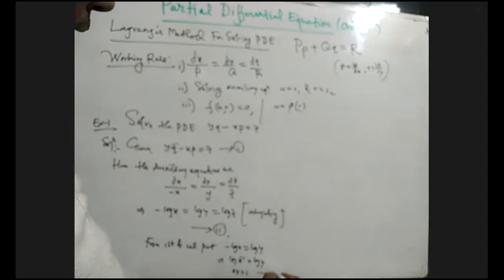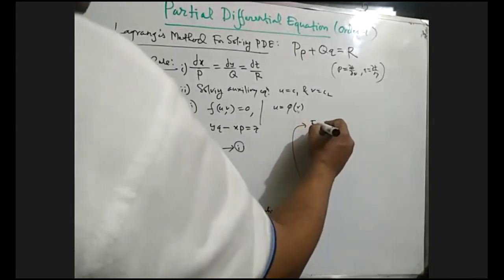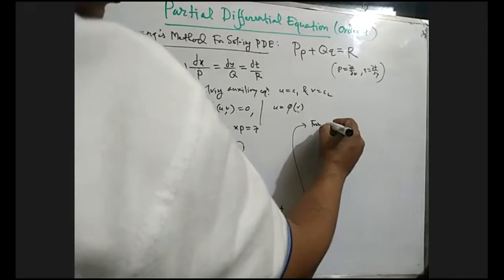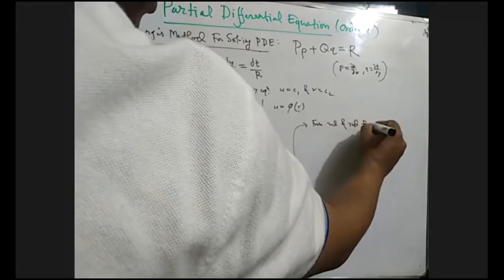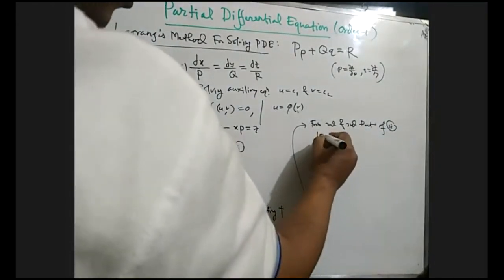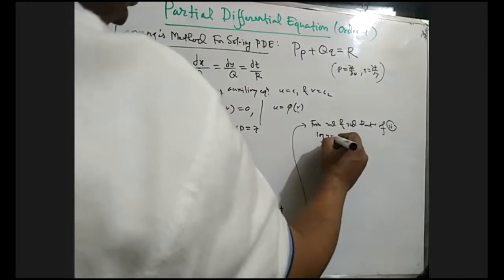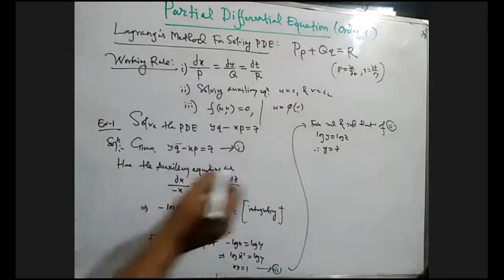This is equation number 3. Now from second and third part of equation 2, log y equals log z. Therefore y equals z.